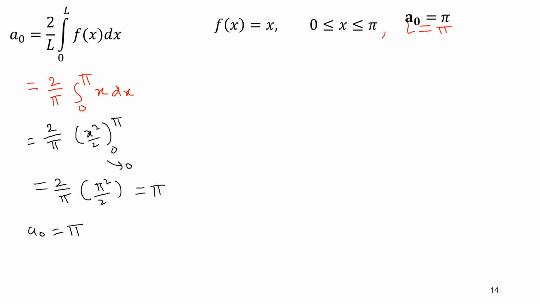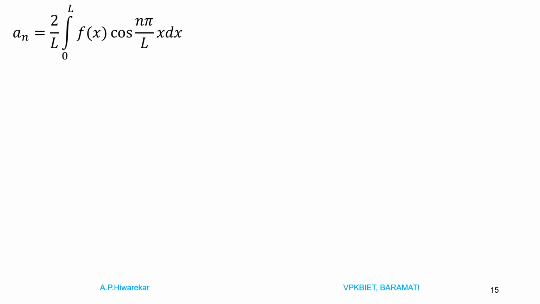After that we will find another coefficient, which is an. The formula for an is 2 by L, integral from 0 to L, f(x) cos of n pi x by L dx. And here we have already seen the value of L is pi.